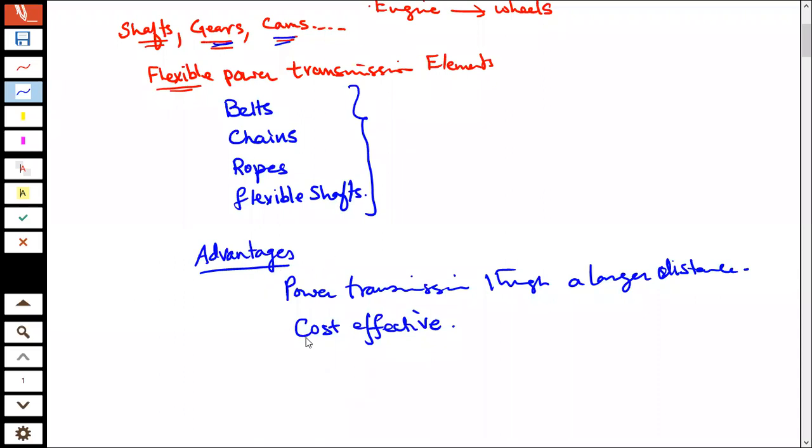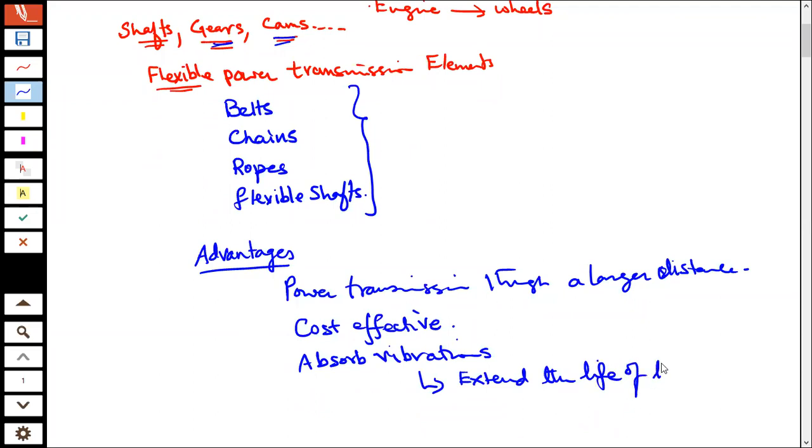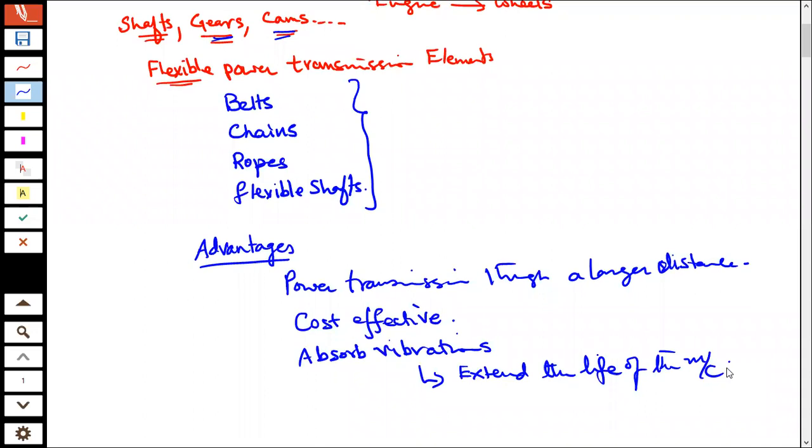For example, belts, when you use them, they can absorb vibrations. And in turn, when they absorb vibrations when they run, they can extend the life of the machine, right?